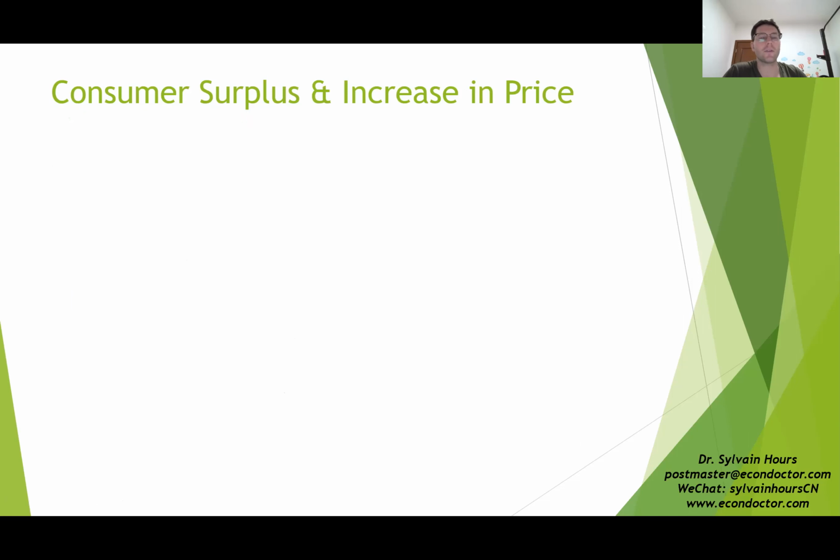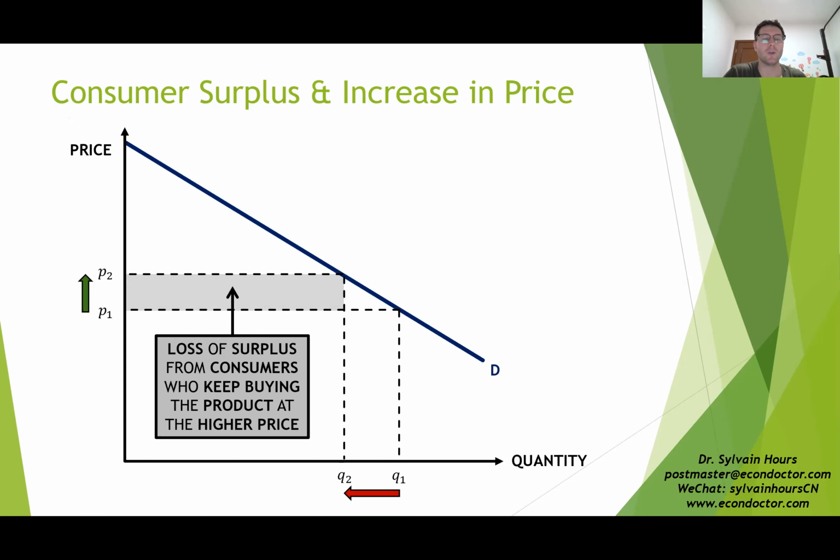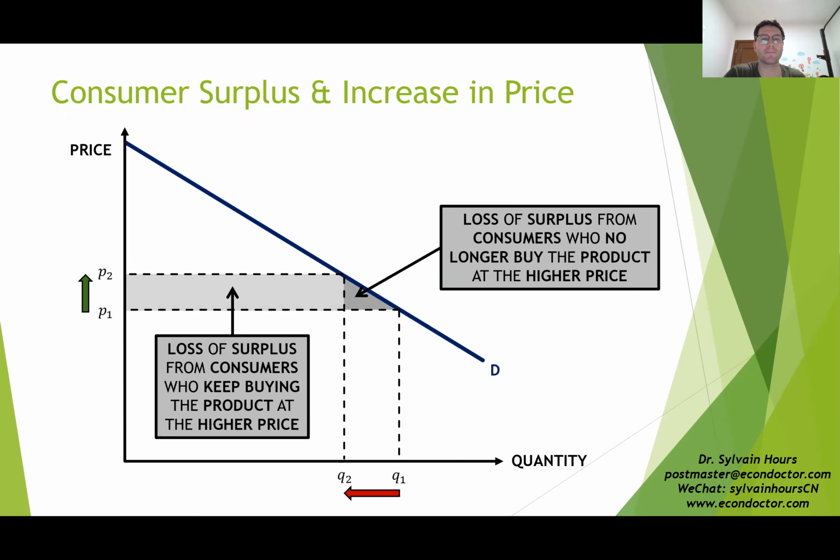Okay, and then there are many slides on what happens when we increase the price, what happens when we decrease the price. So of course, if we increase the price, consumer surplus will decrease. That's obvious. Why does it decrease? This area shows the decrease in consumer surplus, and you can actually divide it into two parts.